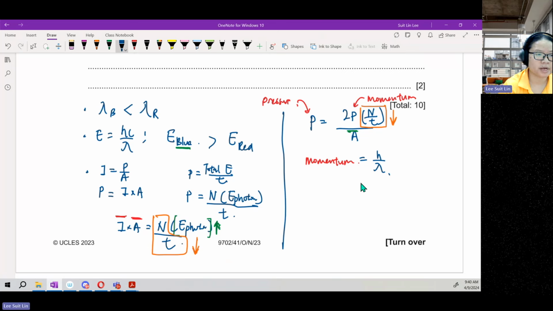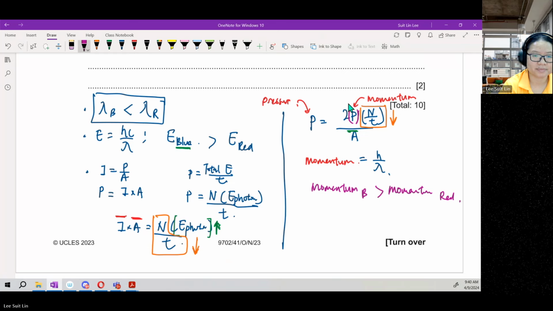Right now, my lambda blue is less than lambda red. So momentum for blue will be greater than momentum for red. So what happens to this momentum? Increase. Do they change by the same amount? Yes. Why? Because it is inversely proportional to lambda.